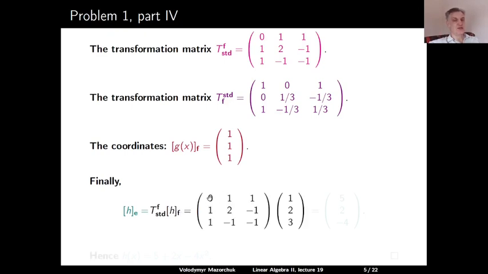So we take our matrix 0, 1, 1, 1, 2, minus 1, 1, minus 1, minus 1, and multiply it with the vector 1, 2, 3. We get the vector 5, 2, minus 4. Therefore, the polynomial h is the polynomial 5 plus 2x minus 4x squared. And this completes problem 1.